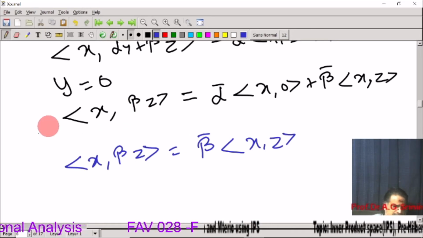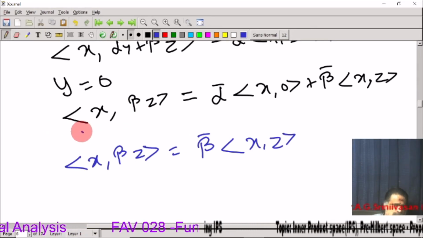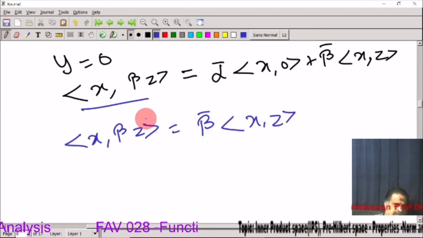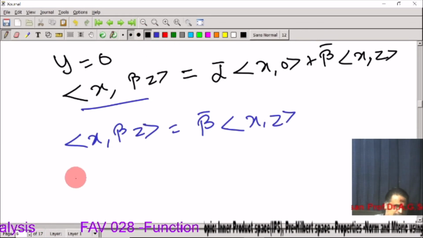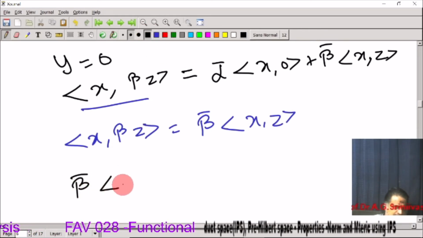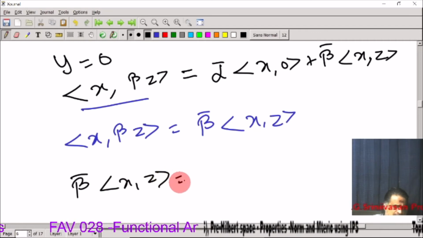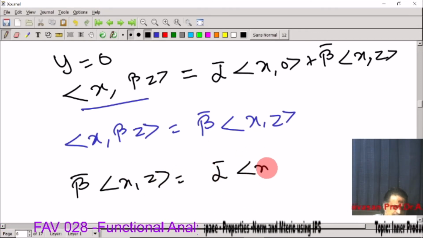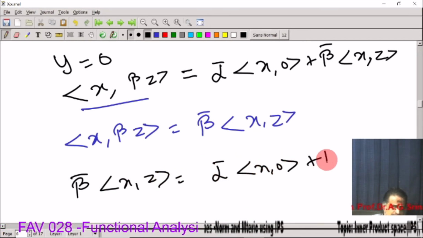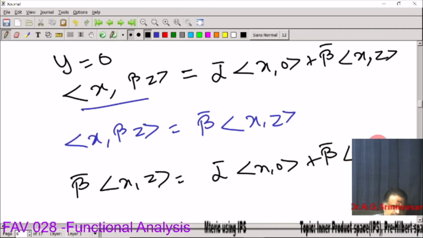So I can just take beta outside the second component. So the left hand side becomes beta bar xz, and the right hand side is alpha bar x0 plus beta bar xz.